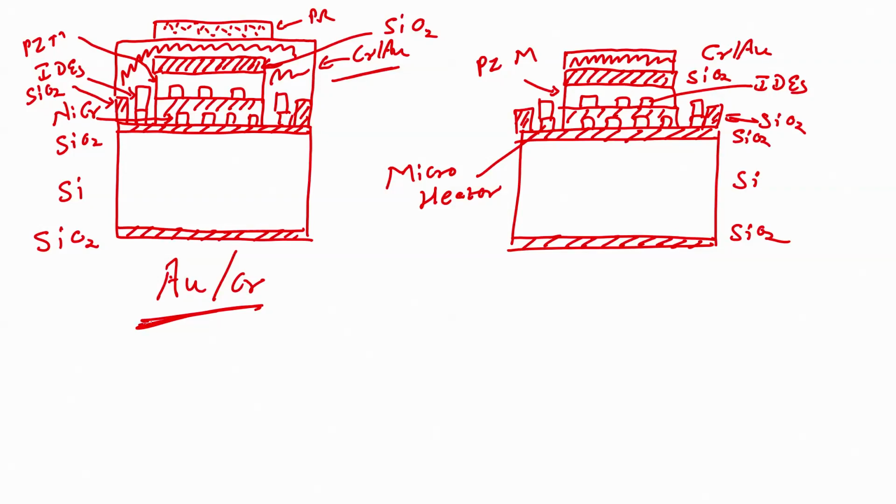If I etch chrome and gold from the unwanted area which is not protected by my photoresist, chrome and gold will be etched from this region, and I will have a chrome gold pad.